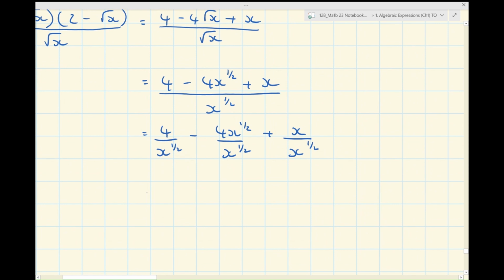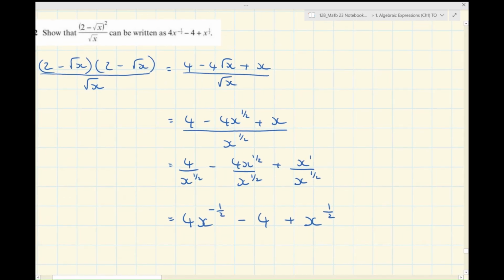Right. First term there, 4x to the power of minus a half. Minus, the x to the halves cancel, 4, plus, this is x to the 1, divided by x to the half, so I subtract the indices, leaves me with x to the half. And if I compare that with what I was asked to find, I see that I've done it.